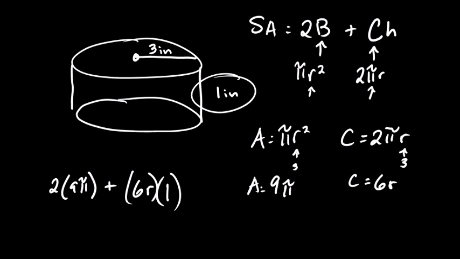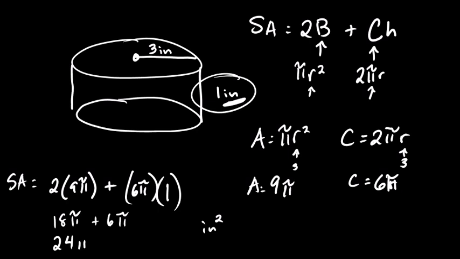So let's see here. That's going to give me my total surface area in inches squared. Oops, sorry, should be a 6 pi. So this is 18 pi plus 6 pi, so that is 24 pi.